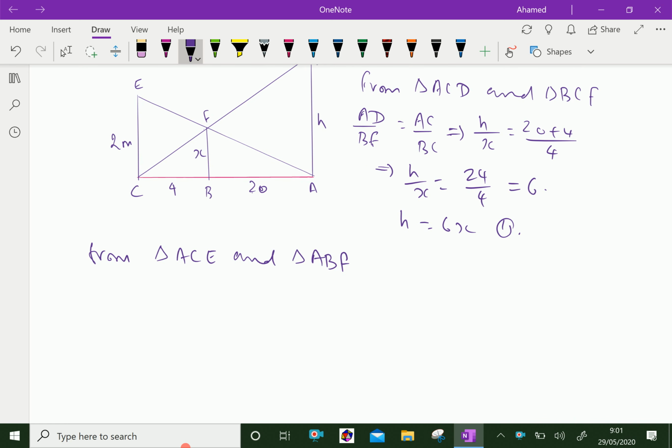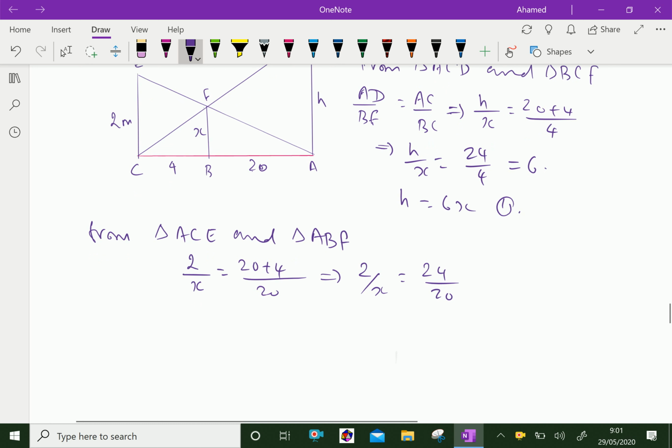We can write similarly, 2 over x equal 24 over 20, that is 20 plus 4, 24, over 20.